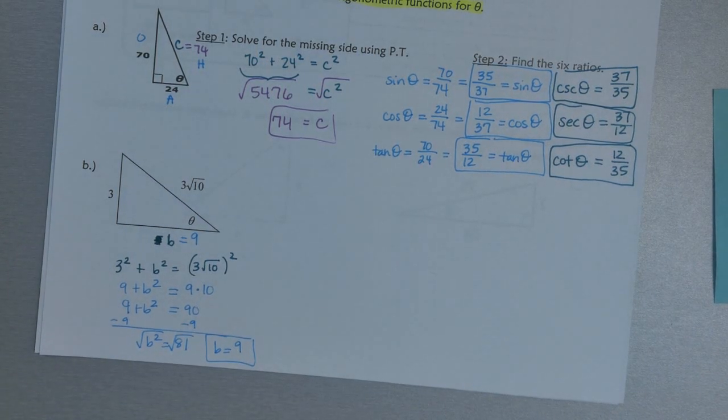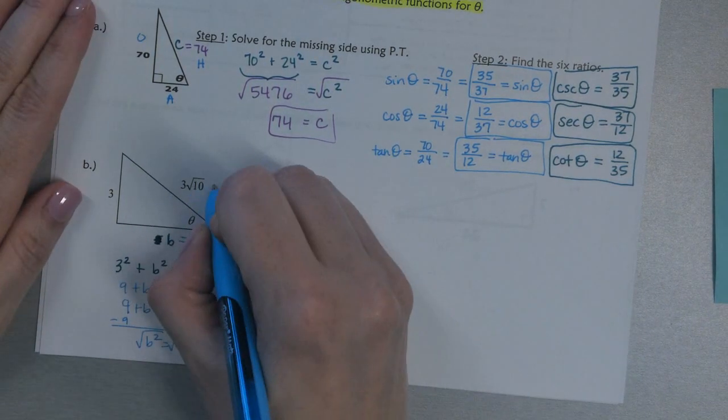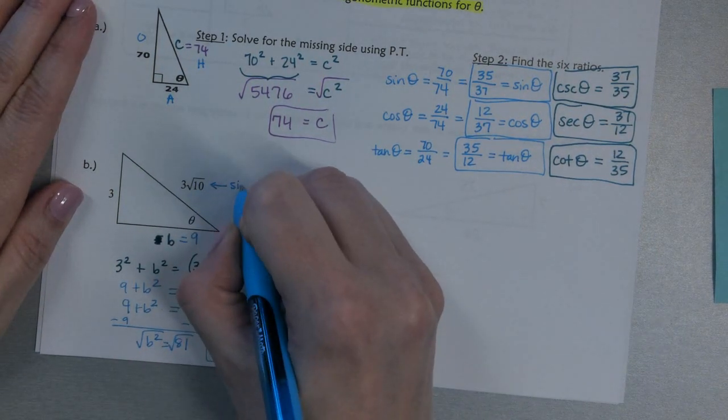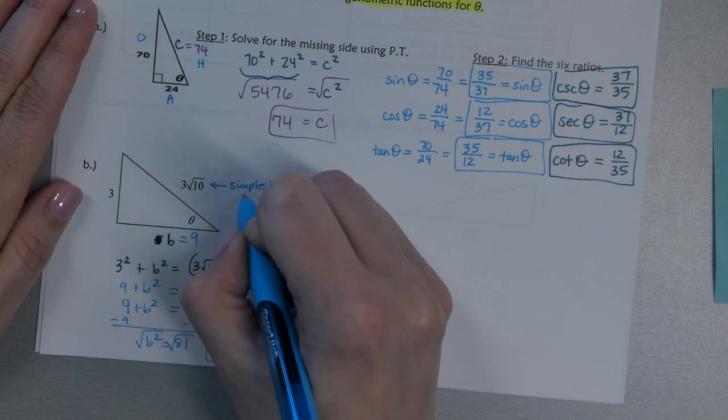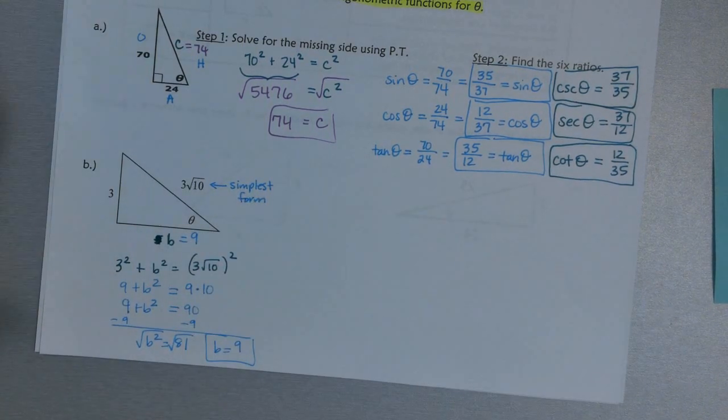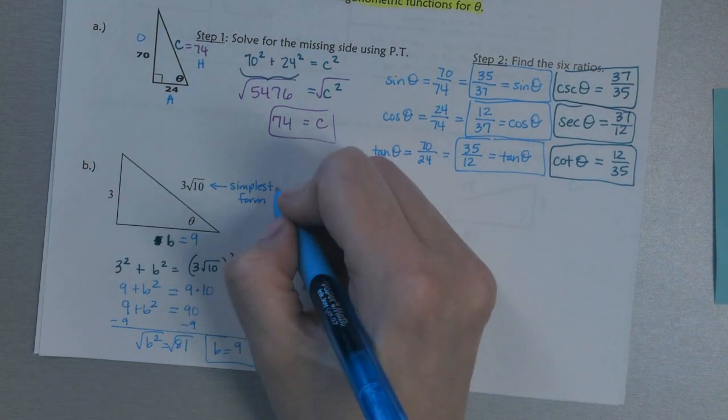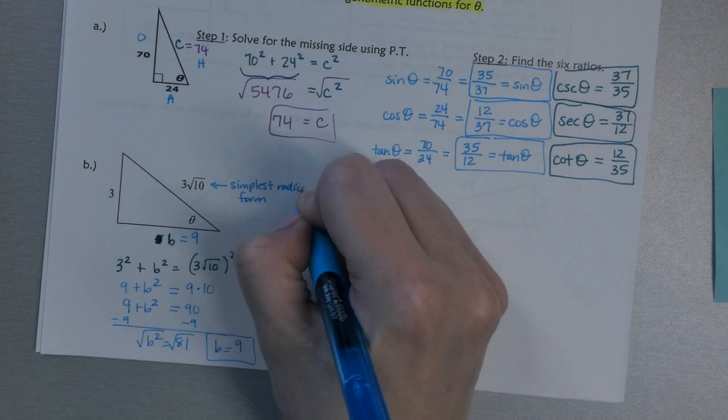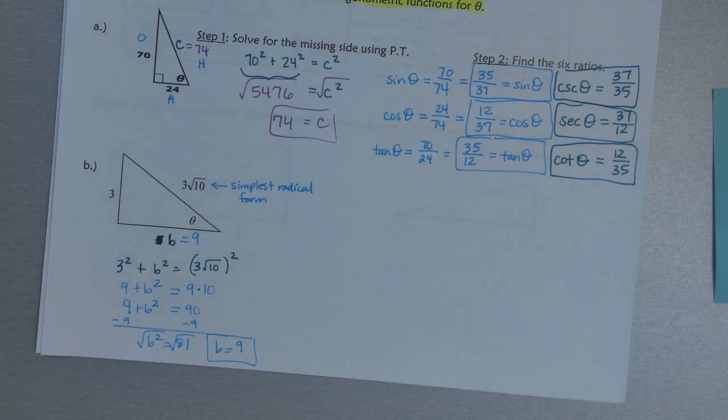If you get a decimal, you always want to write this in simplest form. That's called simplest radical form. Like I said, there's a lot of geometry stuff coming back.